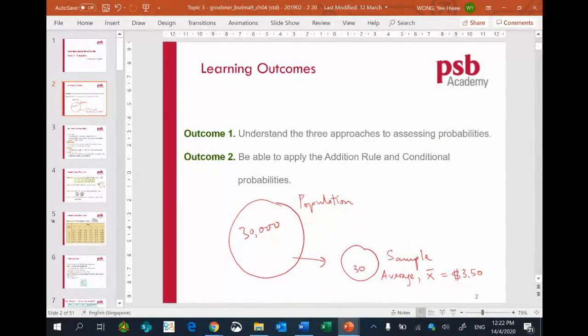What are you going to do with it? You are going to do an estimation. The average, which is the mu for the population, will be somewhere around $3.50. So you try to estimate.